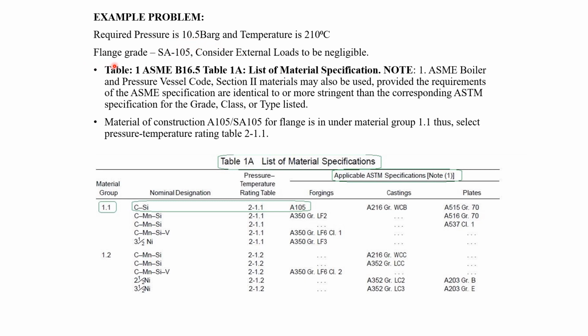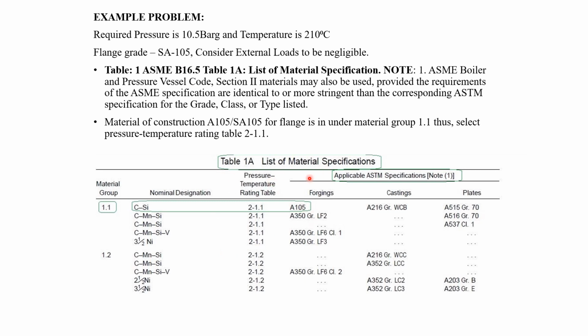So we know the flange grade is SA105, or A105. SA is the ASTM grade and A105 is the ASME Section 2 Division 1 material grade. So we'll go to B16.5 Table 1A, list of material. We will check in which table this material will fit. A105 will fit here.